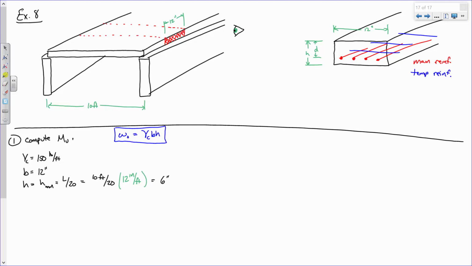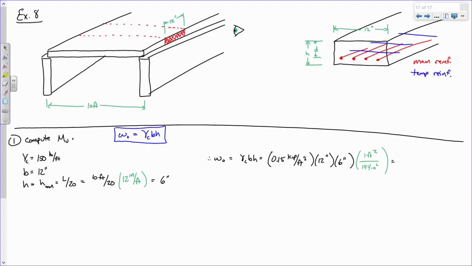Okay, so let's go back to our formula up here. We have W naught is gamma C BH. Let's say 0.15 kips per cubic foot. Just convert that to kips, and then we have 12 inches, we have 6 inches, but then remember we have to convert that. Remember how we did that? We would say 1 square foot is 144 square inches.